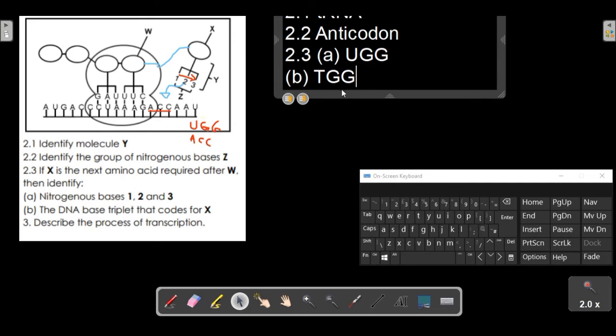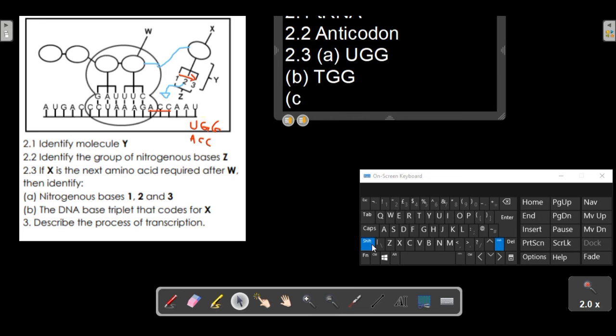We had a TGG triplet in the DNA, and then of course its complementary codon is that ACC, and the complementary anticodon is that UGG. Okay, hope that's correct. I really hope so, guys. If not, it has to be ACC. Yeah.